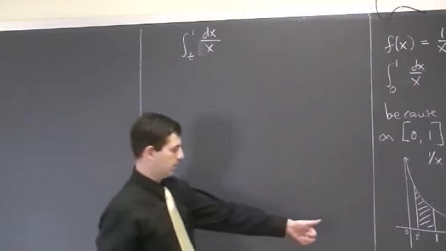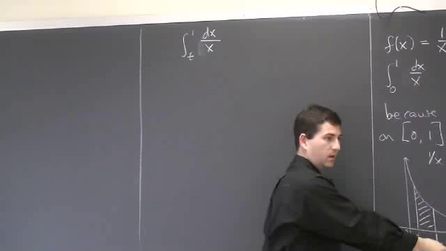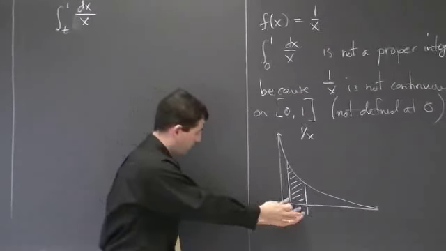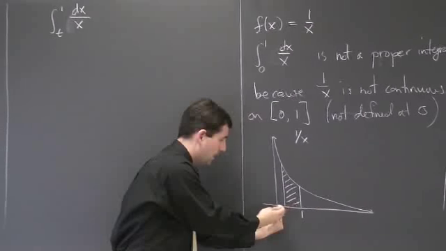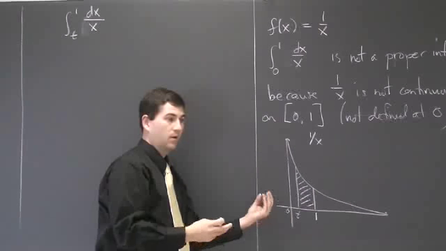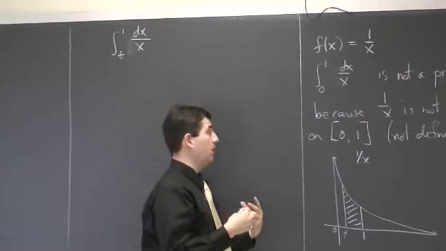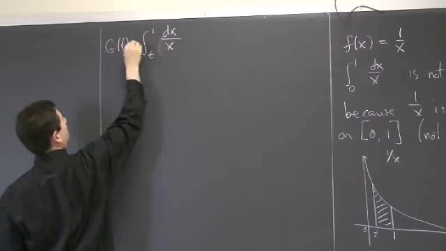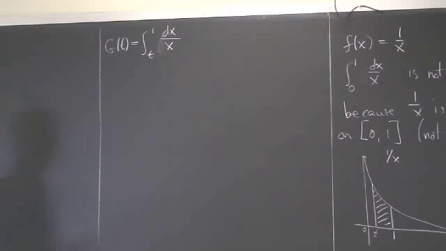And now what am I going to want to do with this t? I want to move it towards 0, exactly. So I start moving it towards 0, and the closer I get to 0, the more area I pick up. I can actually give a name to this function, g of t.